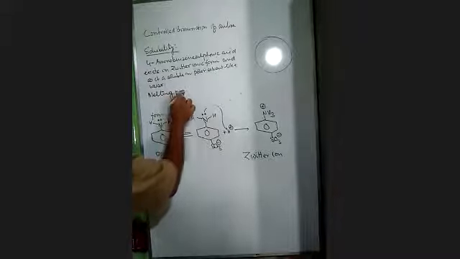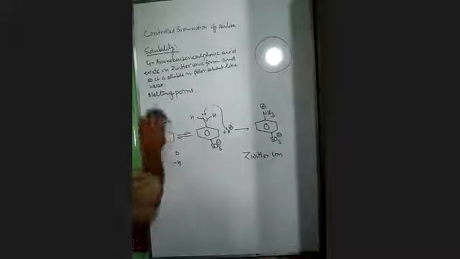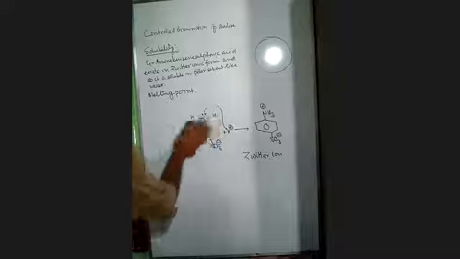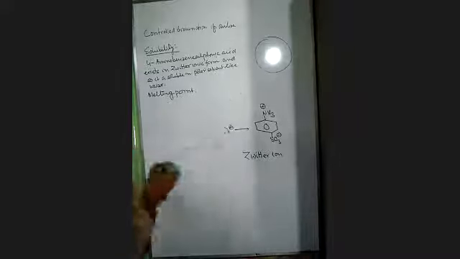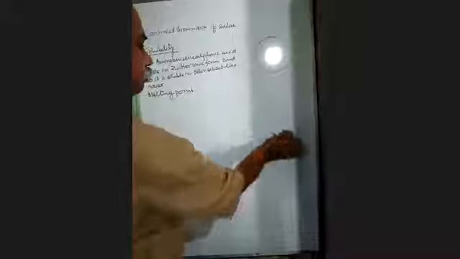Melting point. Now, why do they have a high melting point? We know that salts have very high melting points because in salts the ions are held by very strong electrostatic forces of attraction.